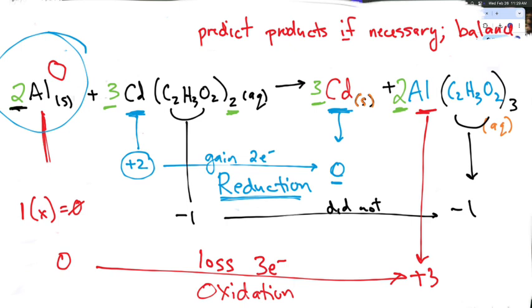Cadmium was reduced, so it was the oxidizing agent. It caused the aluminum to be oxidized. Is that confusing? Hell yeah, and everybody disagrees, you're wrong. It is confusing. Make sense? Enough?